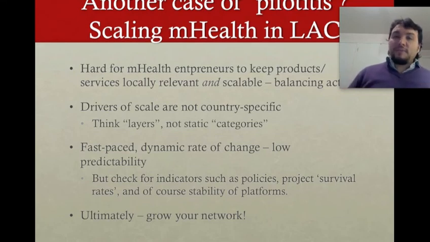It's hard to predict what's going to happen in this space because the pace of change is very, very rapid. But you should try to monitor indicators such as the maturity and the quality of e-health, or better still, m-health policies, and to also try to have a feeling of how other m-health projects have done in that specific country where you want to go.